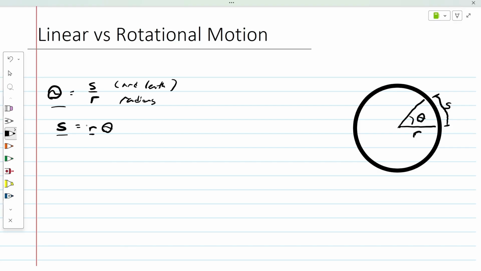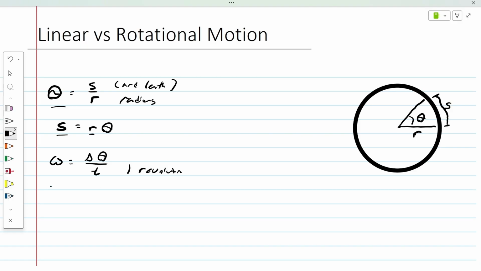Now let's see how we can find the velocity. Say we have omega, the angular velocity, which equals the change in theta over time. Let's say we do 1 revolution.